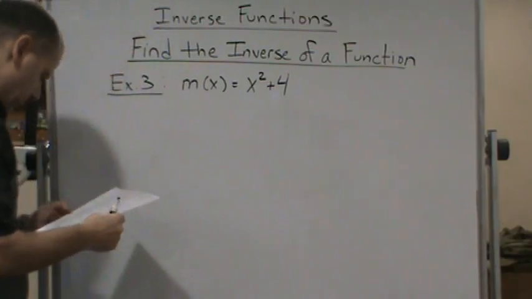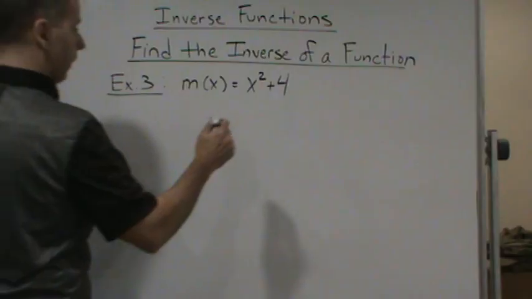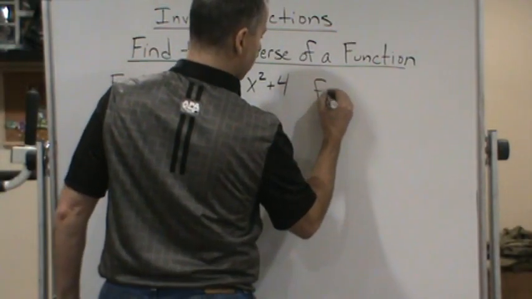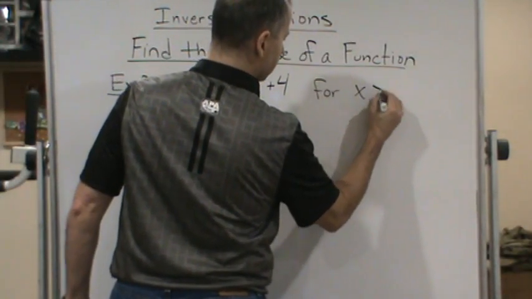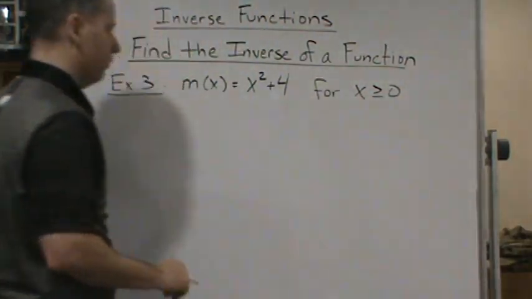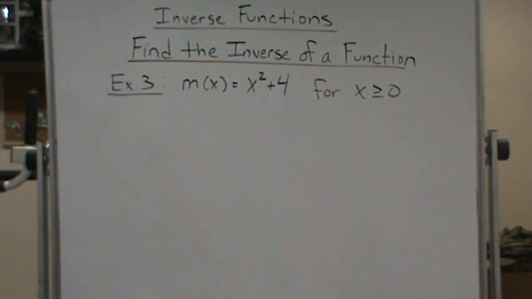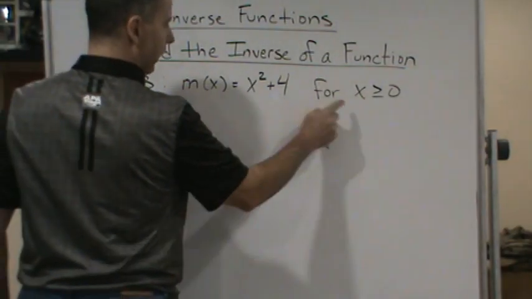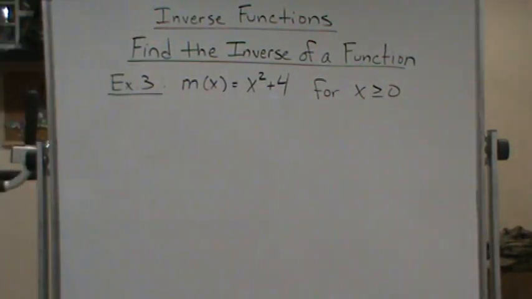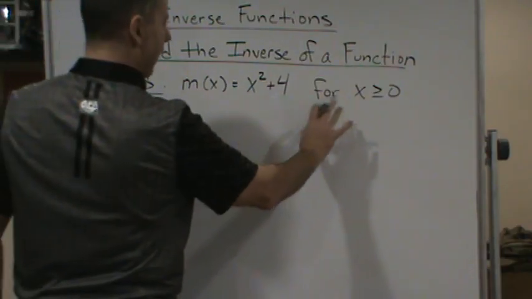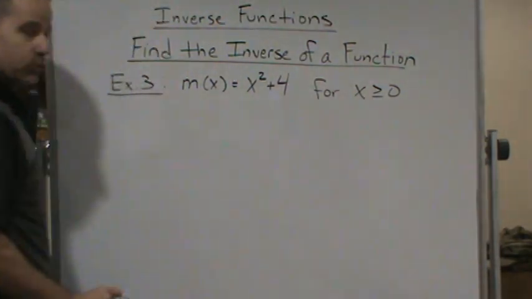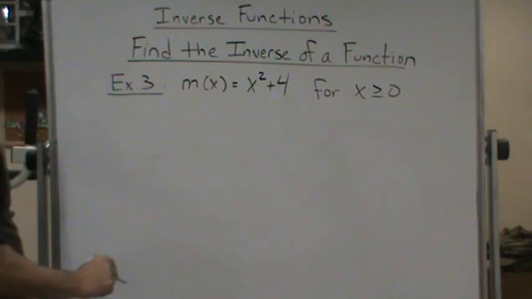For example, in this problem, they restricted the domain for all x greater than or equal to 0, right? So as soon as you restrict the domain, this function is one-to-one for this domain, okay? And that's what we call a restricted domain. Now, we can find the inverse as long as we understand that it's on that restricted domain.